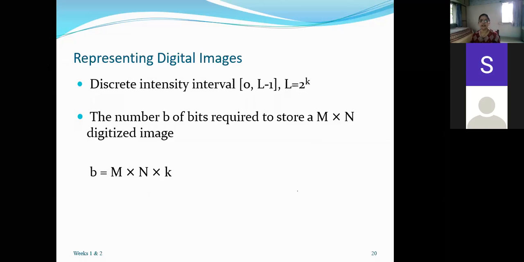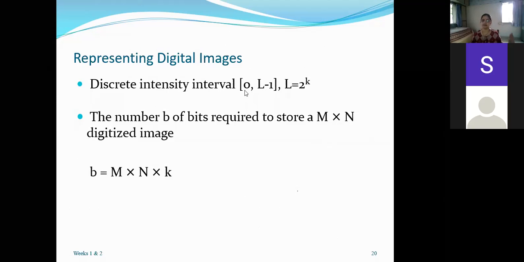Sanidhya, your answer is correct. If K is 8, 2 raised to 8 gives us 256. So there are a total of 256 gray values which are in the range 0 to 255.